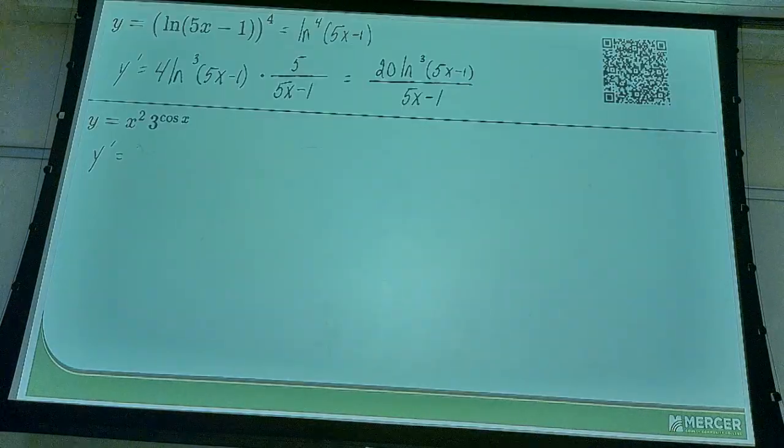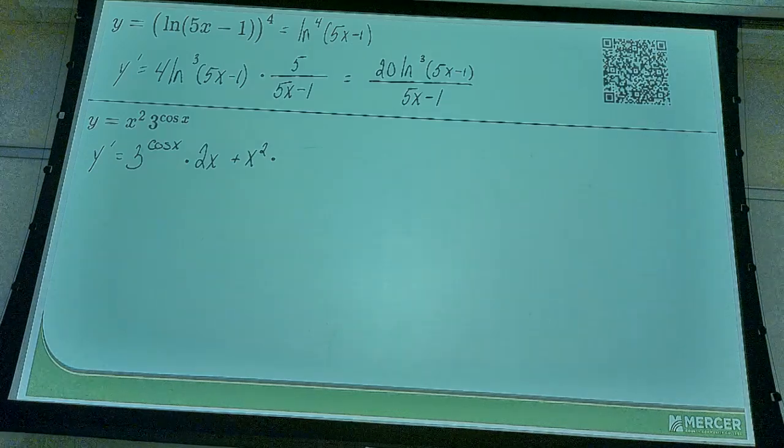So second function, 3 to the cosine of x. What's the derivative of the first? Plus first times what kind of function is the second function? It's not logarithmic. Exponential.